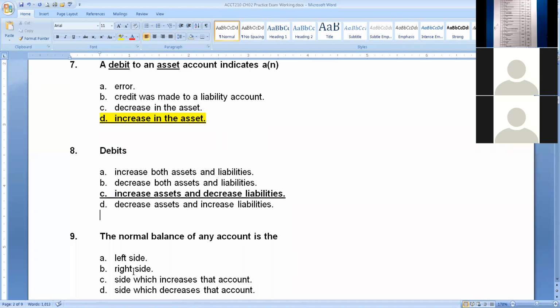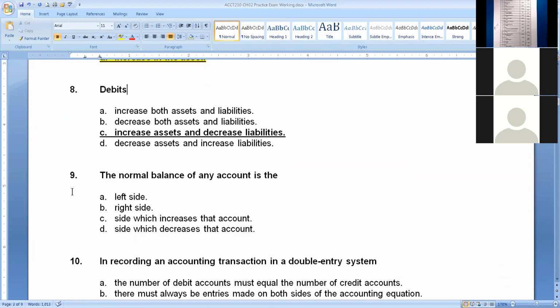Yeah, increase assets, decrease liabilities. And so the connotation is that you can't really say that they're pluses or minuses. It depends on what kind of account they are. This one, unless you had it in a different class, you'd have no chance of knowing, because I didn't talk about it.